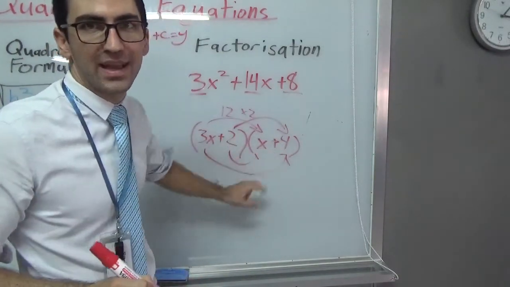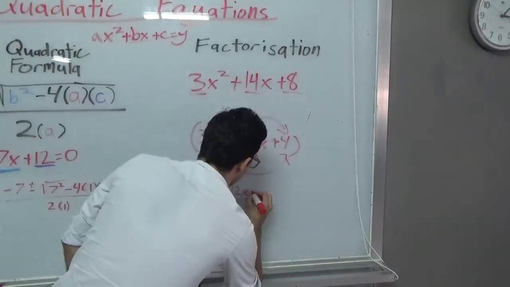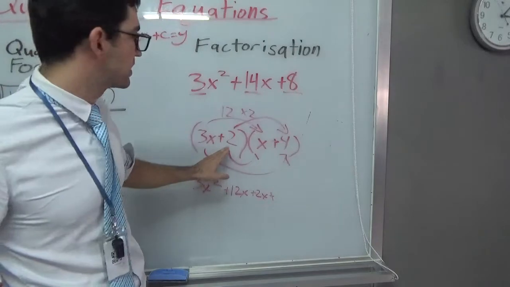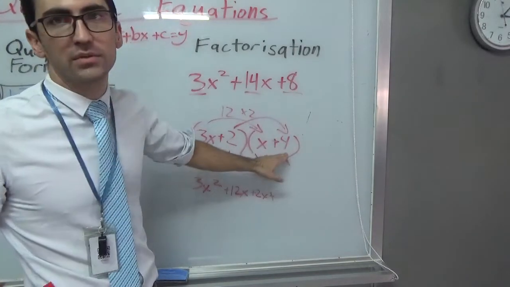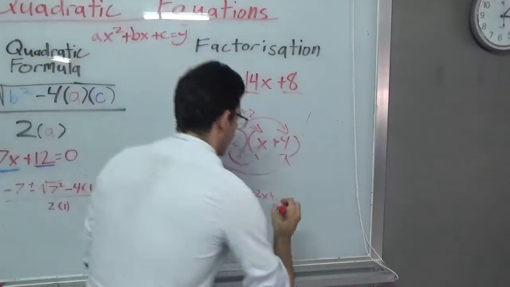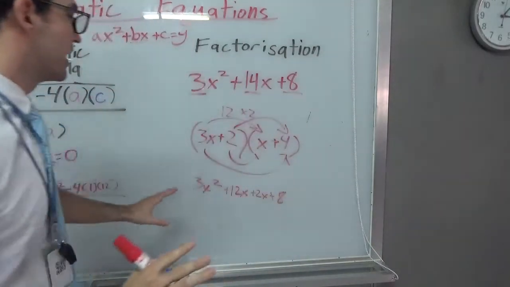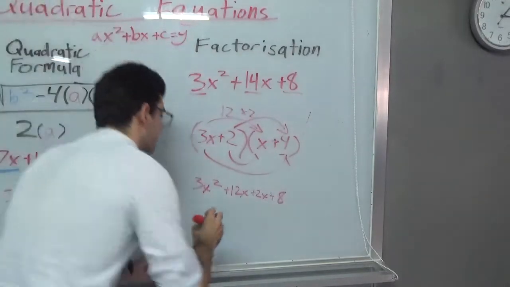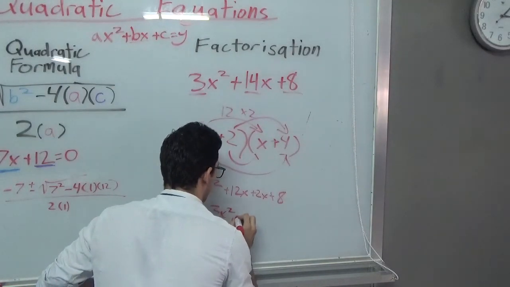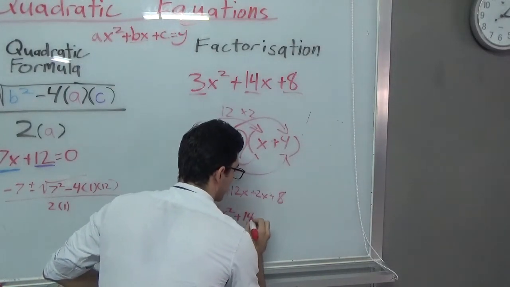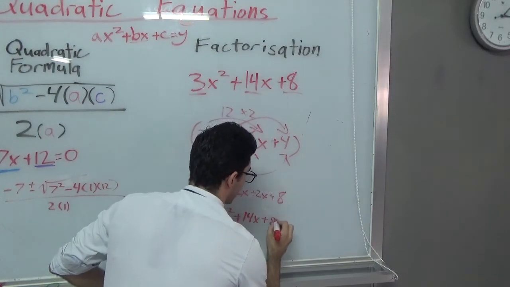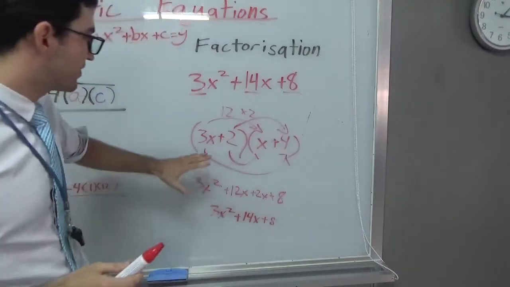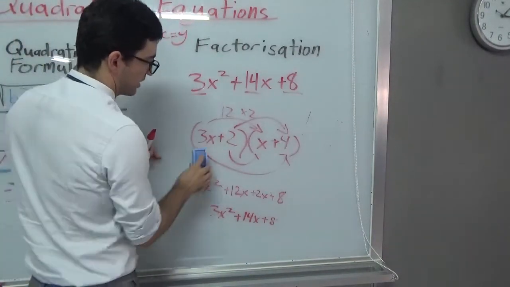We have positive 2 and x, 2x. And then we will do our lasts. We have positive 2 times positive 4 is 8. So let's add together our 12x and 2x. We have 3x squared plus 14x plus 8. Awesome. This tells us we have the correct factors here.